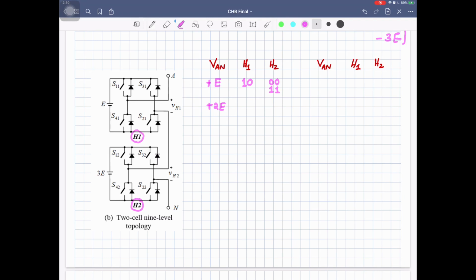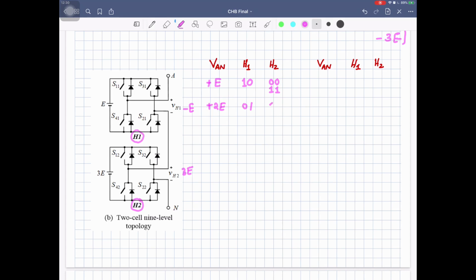I can get 3E from here and minus E from here. So net will be plus 2E. Okay, so in the first inverter H1, I will have to apply the switching code 01 to get minus E, and to get 3E from the second inverter, what I will have to do?